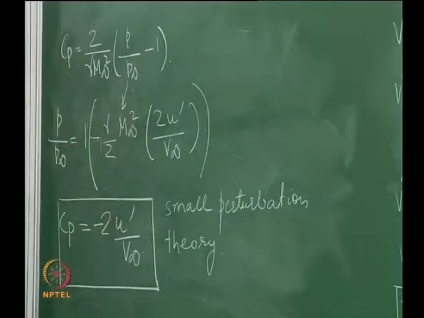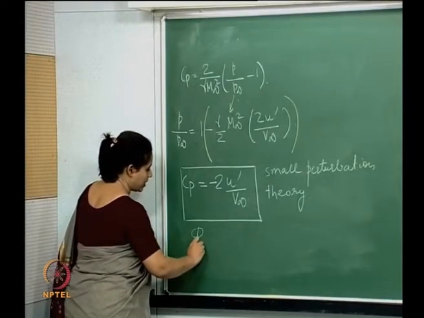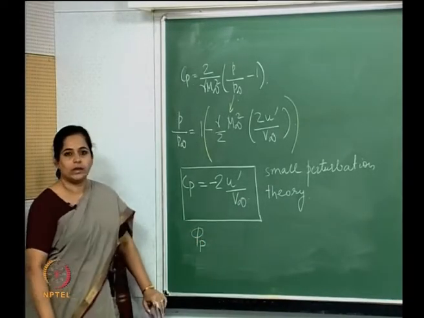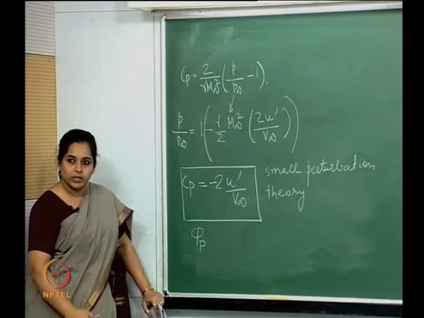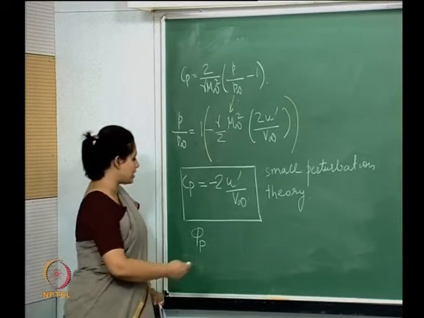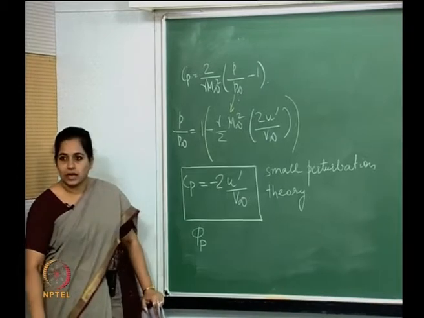Okay, so now that we've got this, we can find out u dash, because now we have an expression for the perturbation potential. So u dash is basically del phi p del x, right.